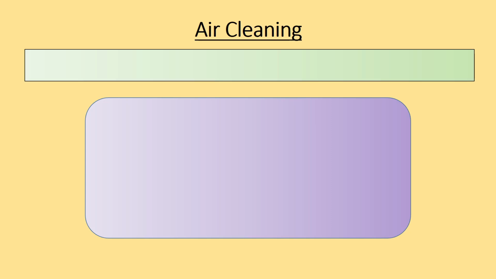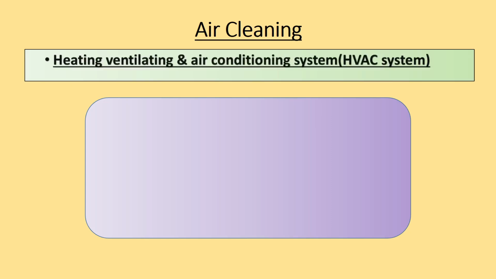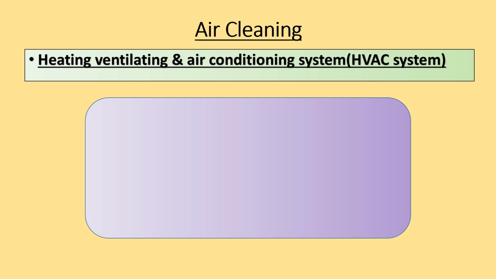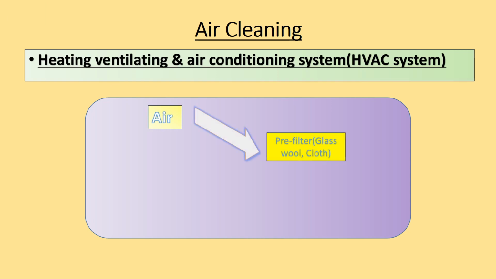The next part is air cleaning, how the air cleaning takes place in the aseptic or sterile area. Air cleaning consists of the heating, ventilating and air conditioning (HVAC) system. Air is firstly passed through the pre-filters, glass wool or cloth.